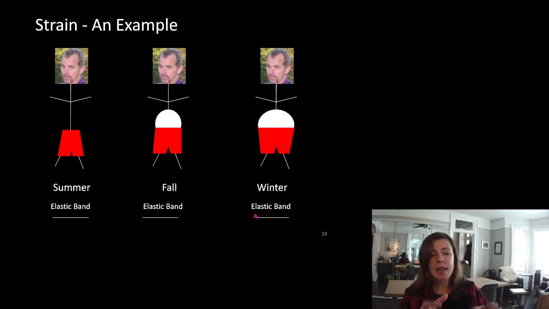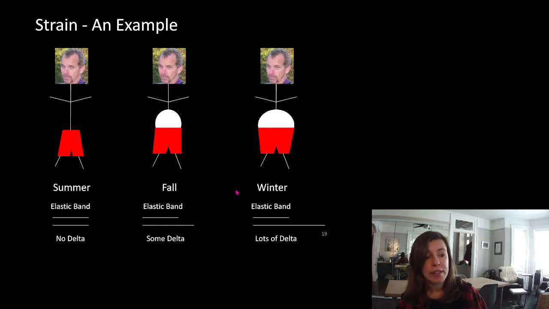Holding them in his hands, that elastic band is the same length in all three scenarios. In this one, the elastic band doesn't stretch at all. In this one, the elastic band stretches some, and in this one, the elastic band stretches a lot. No delta, some delta, lots of delta.